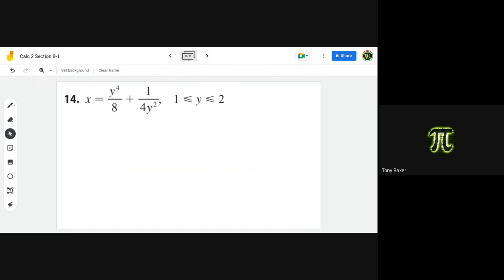Believe it or not, this one's not nearly as complicated as it looks. I feel like I just did some algebraic nonsense.